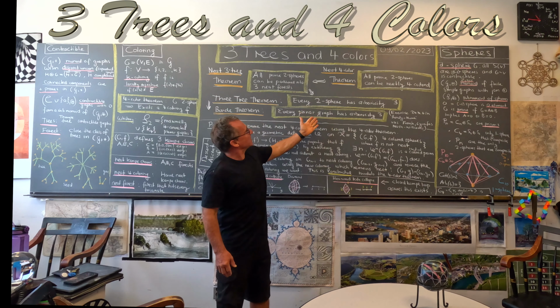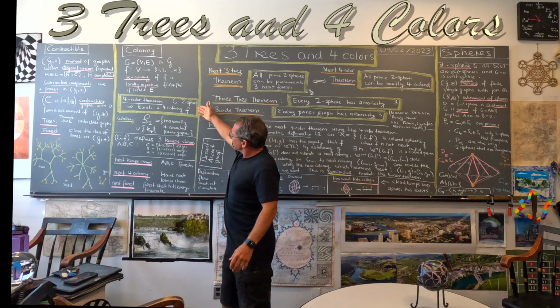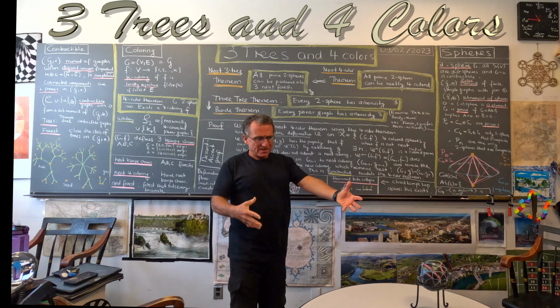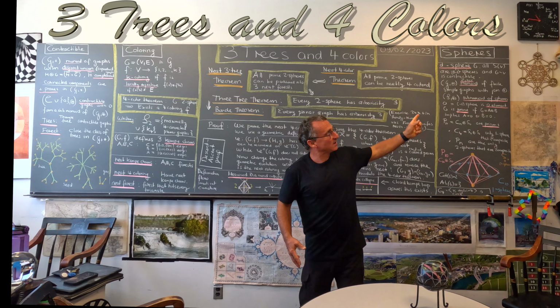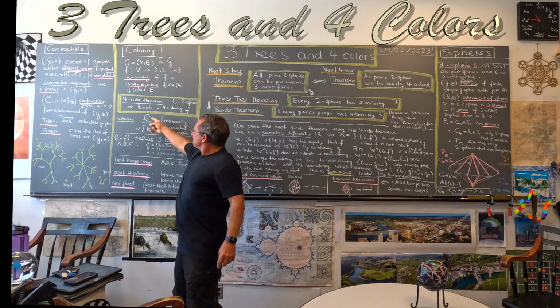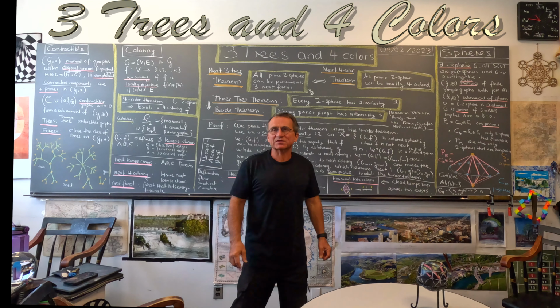And that implies, because of a result of Whitney from the 30s, that every planar graph, if you have a sphere, or K4, which is the tetrahedron, which is not a sphere according to this definition because it's contractible, but these two together make up the maximally four connected planar graphs.